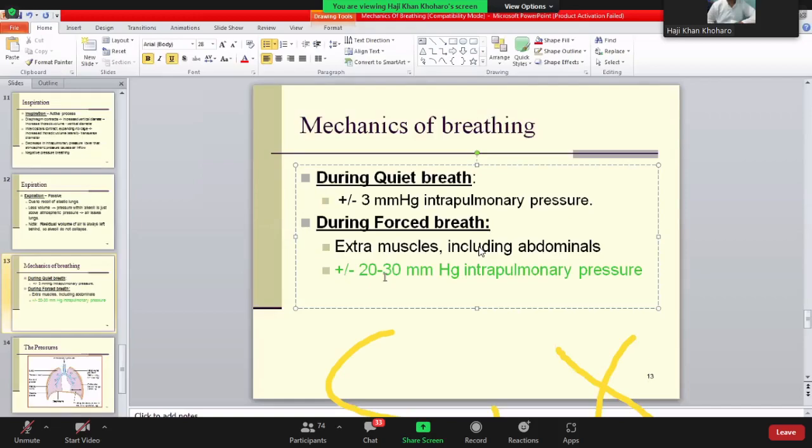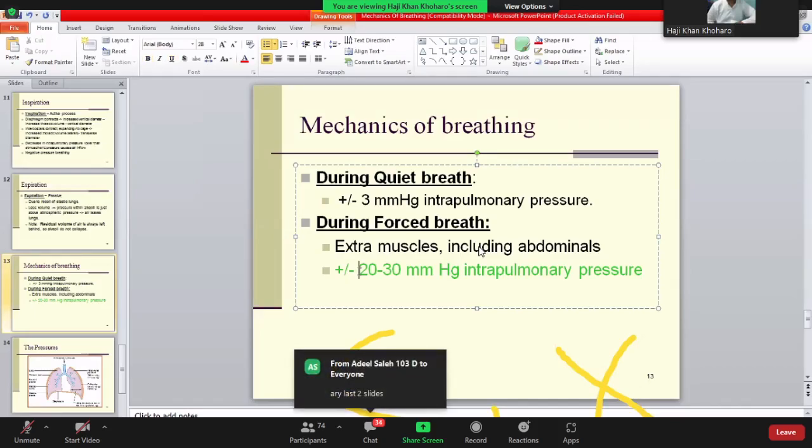For example, forced breathing during exercise causes a decrease or increase of 20 to 30 millimeter mercury intrapulmonary pressure, and this causes excessive movement of air inside and outside the lungs. And as we know, during exercise, the respiratory rate increases, and similarly, the air inflow and outflow is also increased.